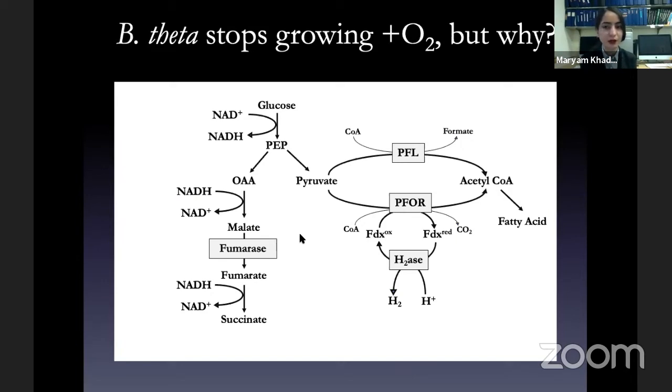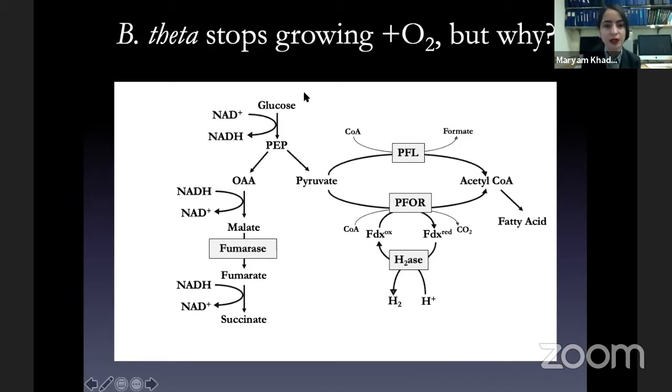It seems like something is blocked. They are just sitting there. The metabolism is probably blocked, but we don't know what the problem is. To answer that, we would need to take a look at the central metabolism of B theta, and I will walk you through that.